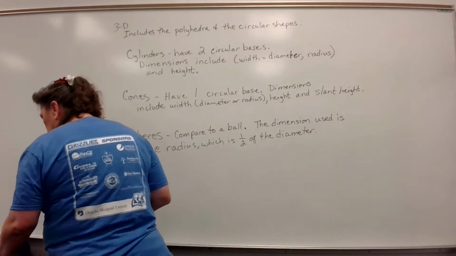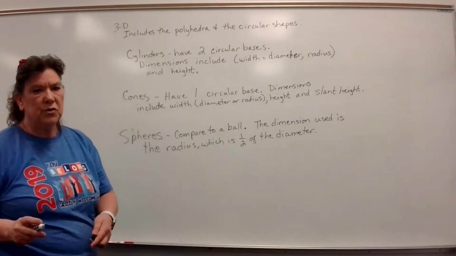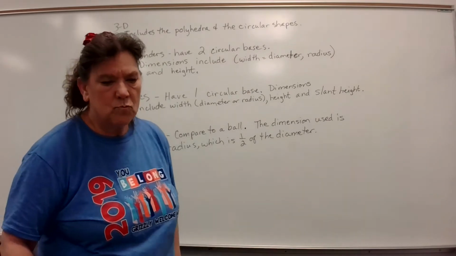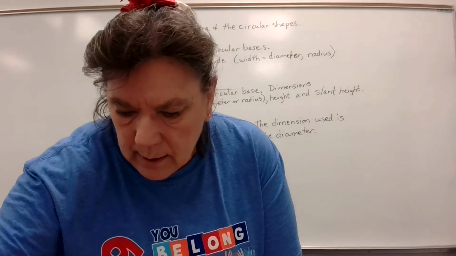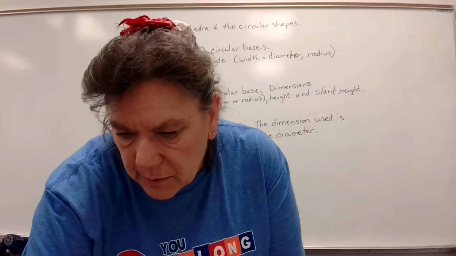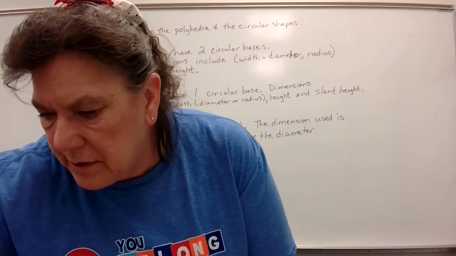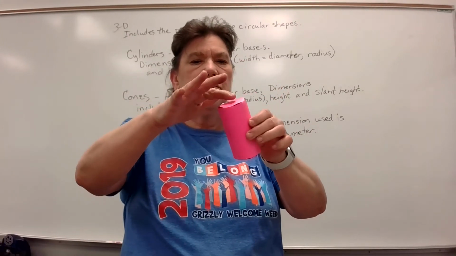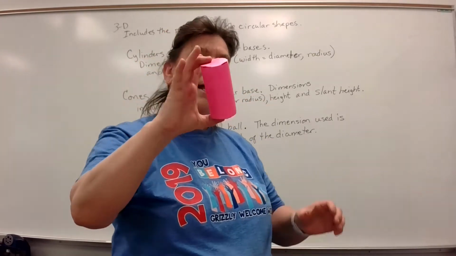Okay, so now let's talk and show these last shapes. As we look at the circular ones, let's start with the cylinder. Here's your cylinder. You see your two circular bases, and then the height of this thing.